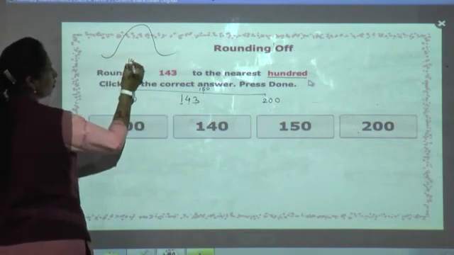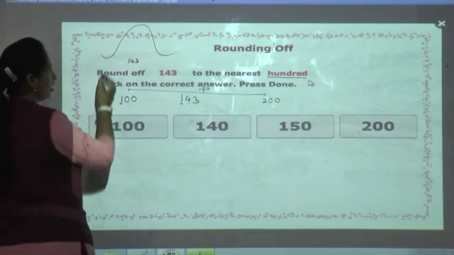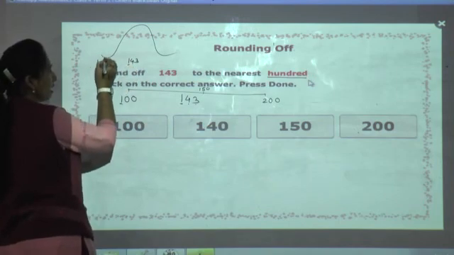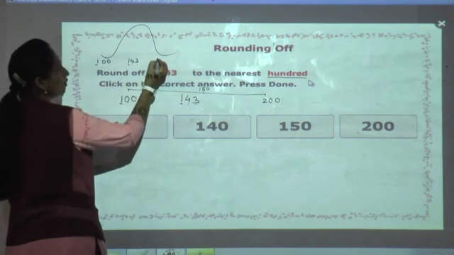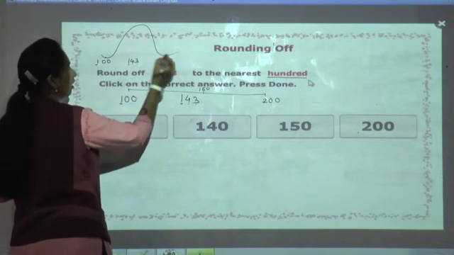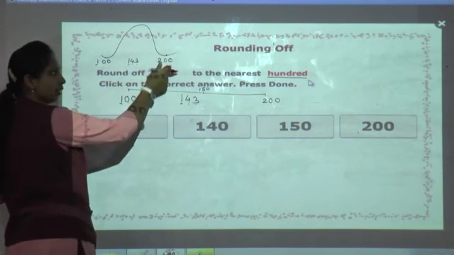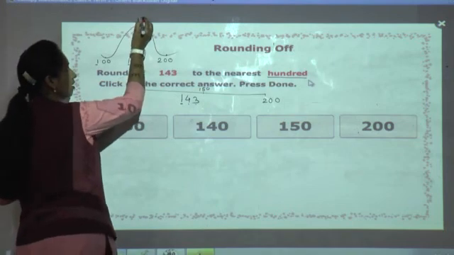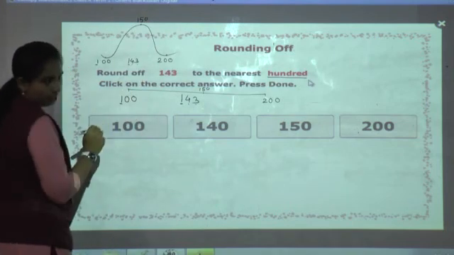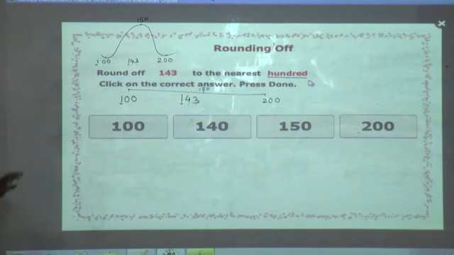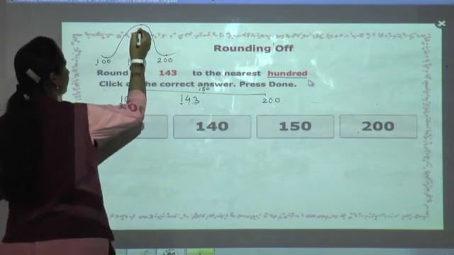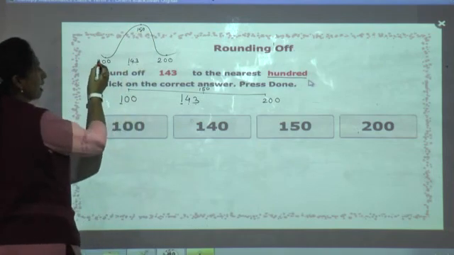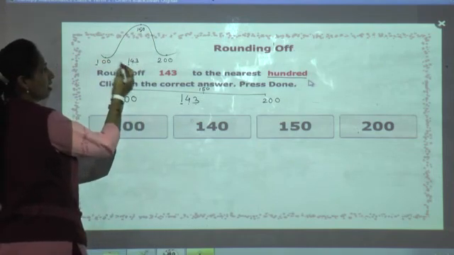Write 1 as it is, 2 digits, write 00, and after 100 is 200. Between 100 and 200 what will come? 150. I'll write it down.